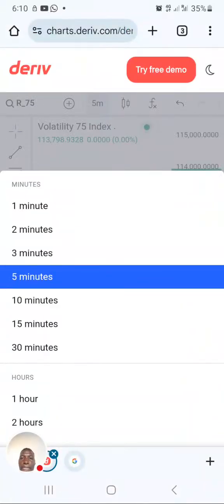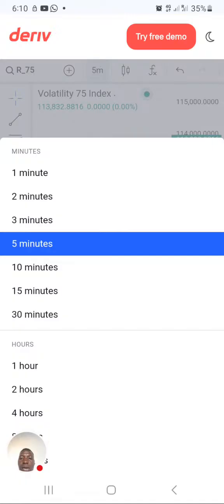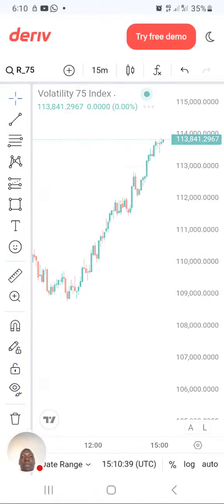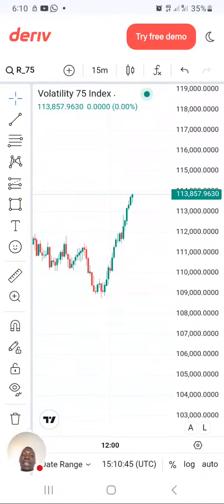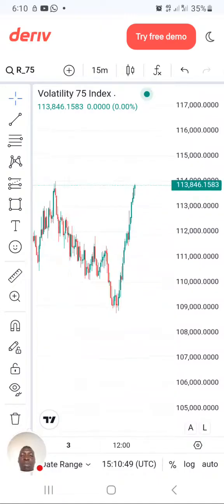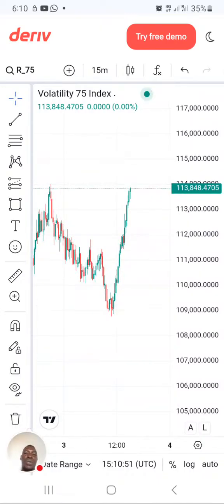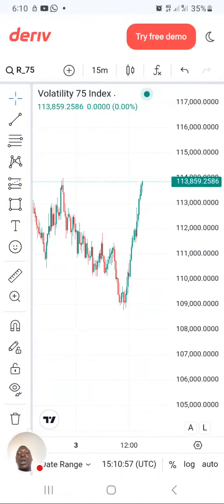So by minute 15. I'm waiting for the chart to load. Yes, it has loaded now. Scalpers, if you want to scalp, if you want to swing, if you want to flip your account, this is the strategy you have to use.